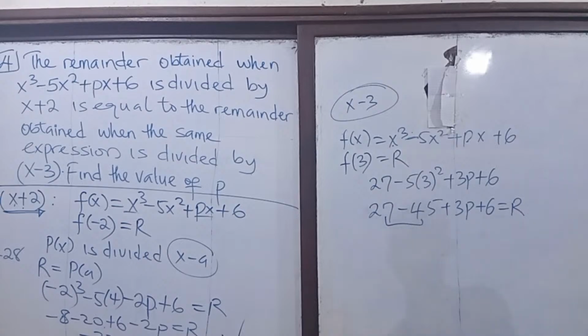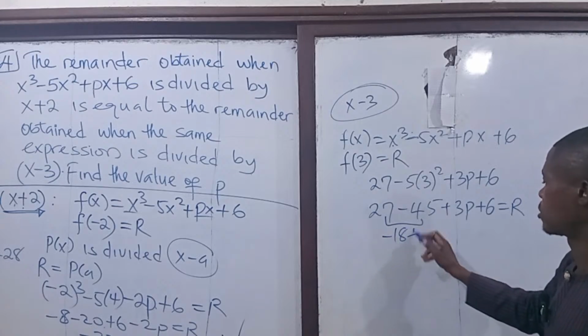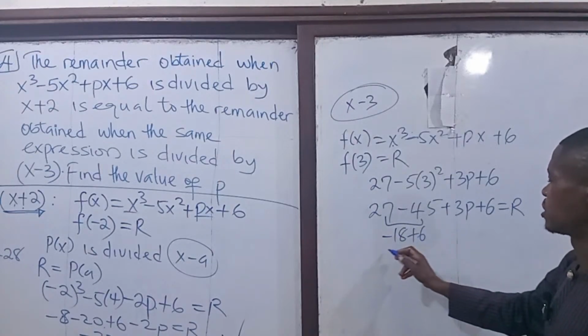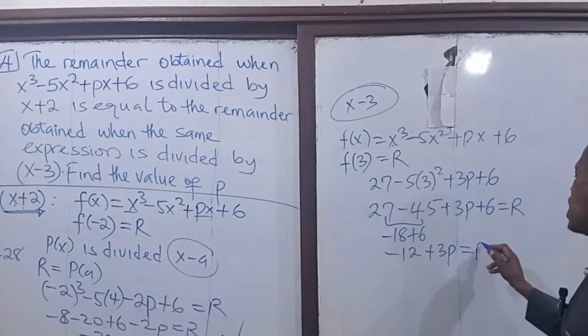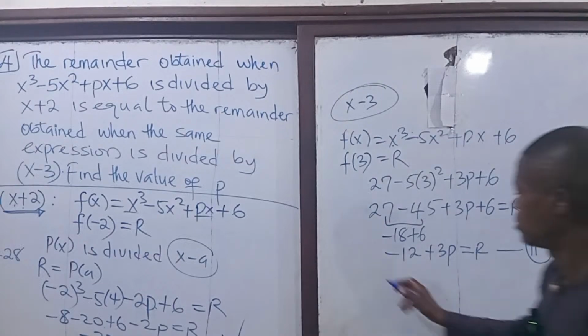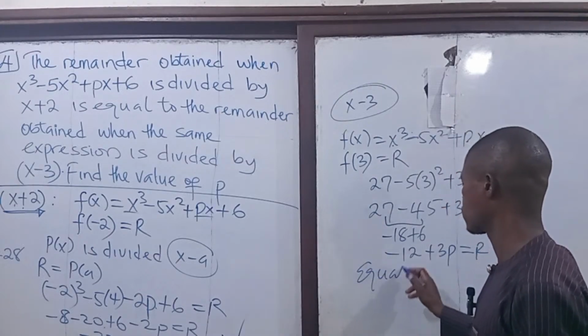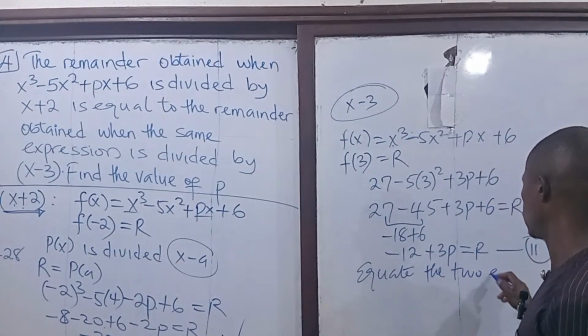That's minus 18 plus 6, which is minus 12, and then plus 3p equal to r. Call it equation 2, and equate the two equations together.